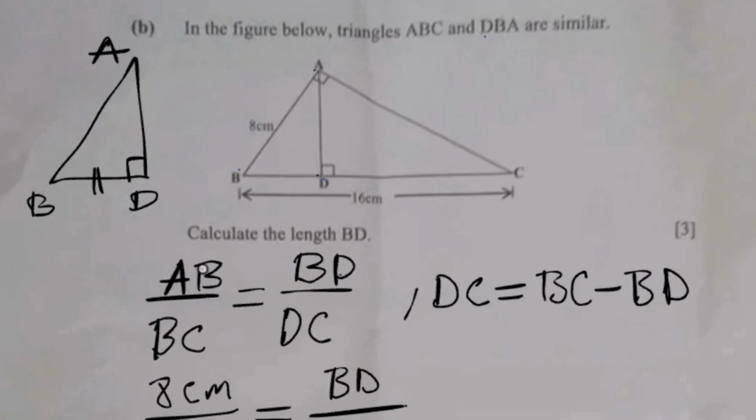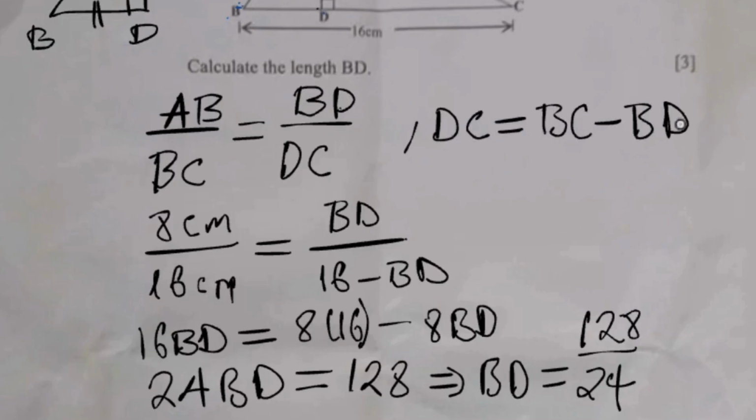Now, using the ratios, AB, which is the hypotenuse of the smaller triangle, divided by BC, which is the hypotenuse of the larger triangle, that ratio is equal to BD divided by DC. That is the ratio of this side of the small triangle and the side of this other triangle. Okay, but DC is BC minus BA. So you can just substitute where there is BC, just put 16 minus BA and make BA the subject of the formula, and we are done.